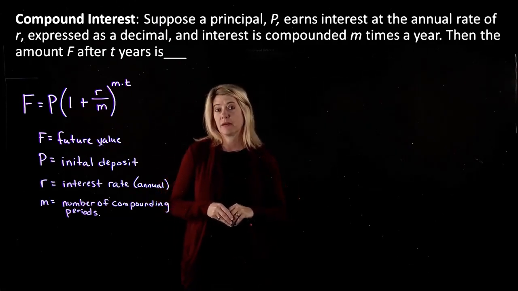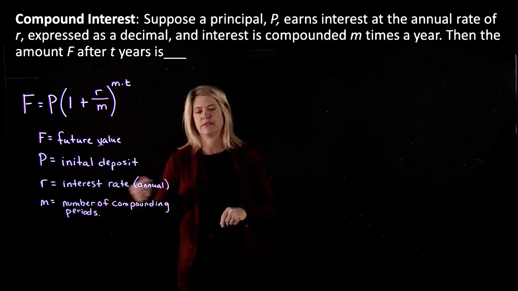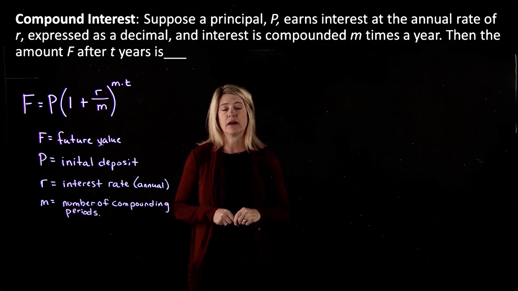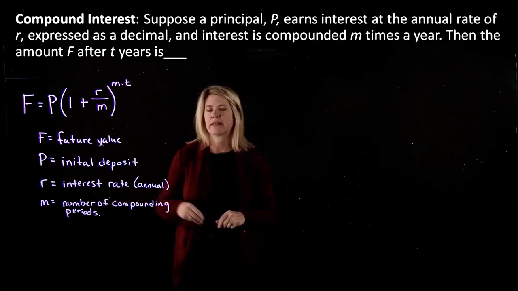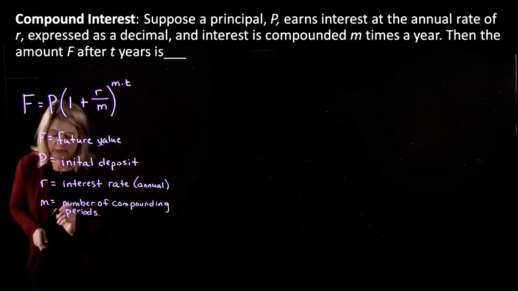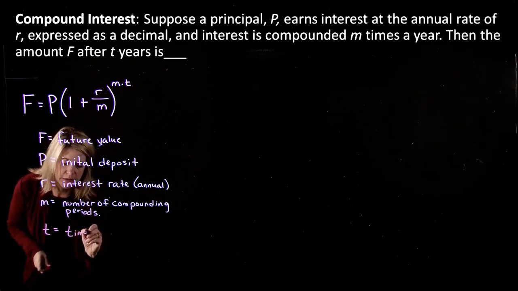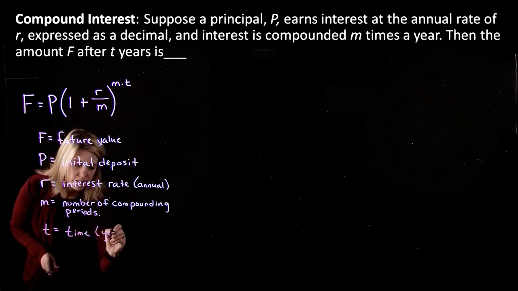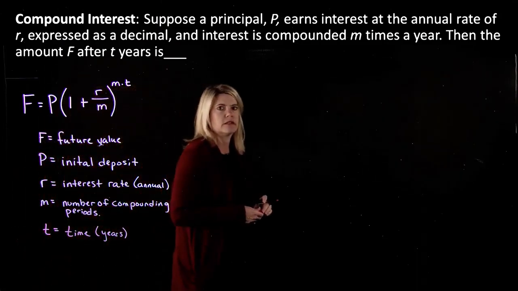It could be compounded weekly. There's 52 weeks in a year, so M would be 52. And then it could also be compounded daily, which would be 365. That's what we would use as a value for M there. The last one we have here is T, and T is time. Remember, the units here are in years. All right, so let's look at this in terms of an example.